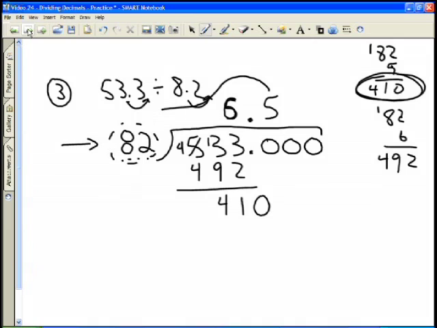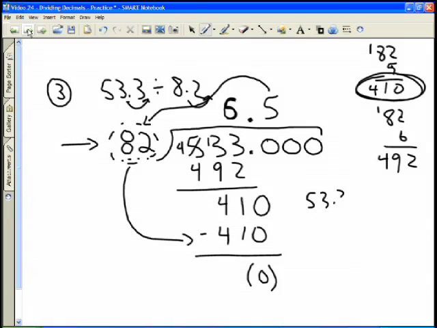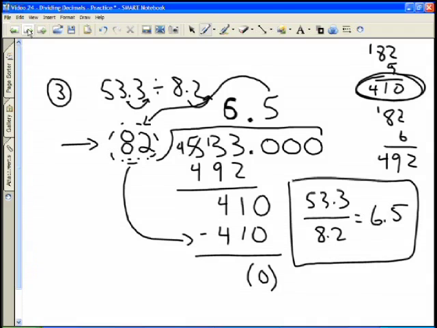So one more time, multiply what's on top by what's in front, write it underneath with the subtraction, and we get a remainder of 0. So 53.3 divided by 8.2 is equal to 6.5. So that gives you some practice with dividing decimals.